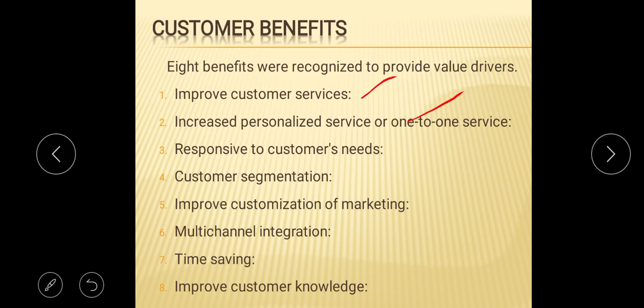Next one is improved customization of marketing. Customization of marketing means that the firm or organization adapts and changes its services or products, presenting a different and unique product or service for each customer.